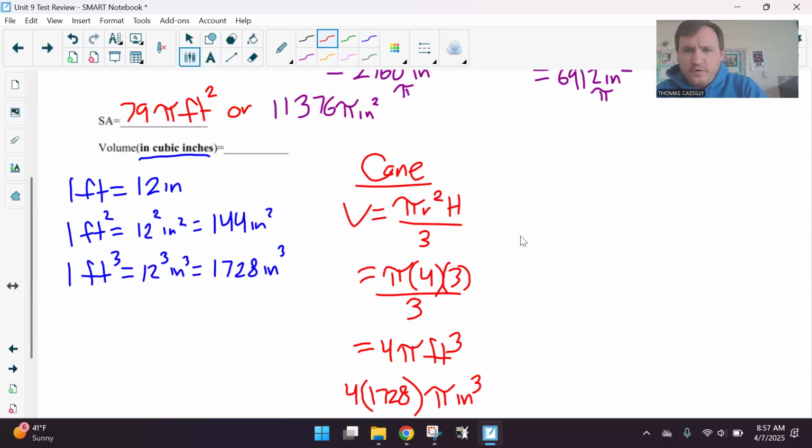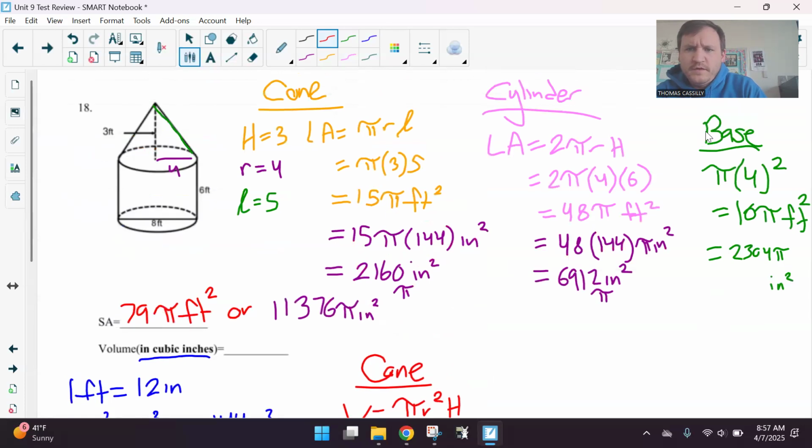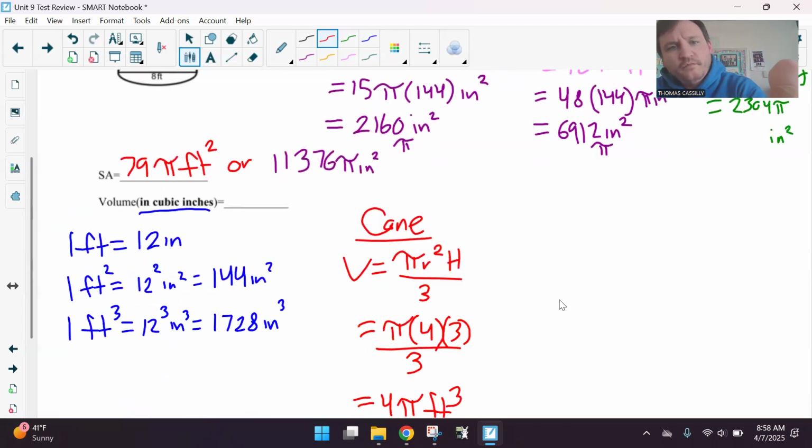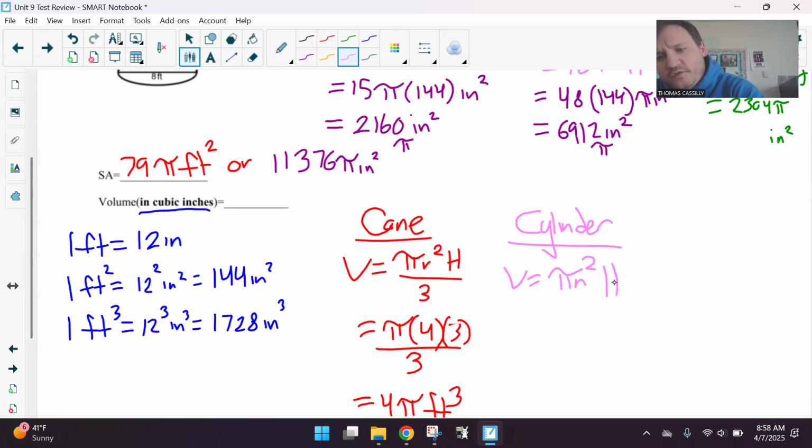So there's your cone. Makes me think I did something wrong up here. I think we're okay. Now we get the cylinder. The volume of the cylinder is just pi r squared times h. Don't divide it by 3 because it's just a cylinder.